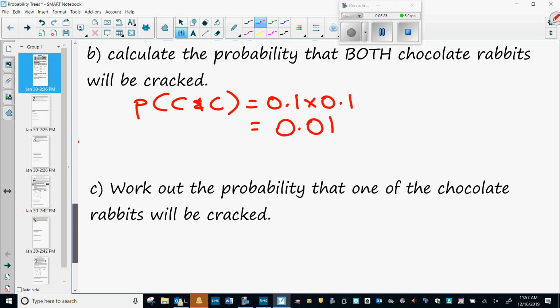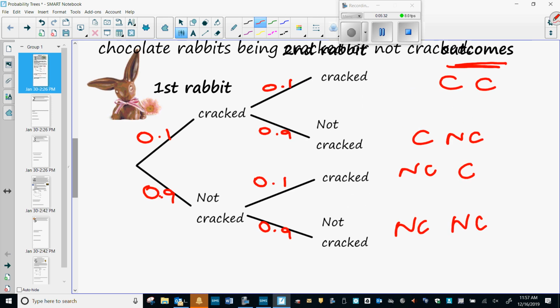Alright, work out the probability that one of the chocolate rabbits will be cracked. So we're going back up to our options. One of them cracked. So we've got this option. Does it say at least one or just one? One. Okay, so it's either this one or this one. Yes? Do you see that? So either this one or this one.